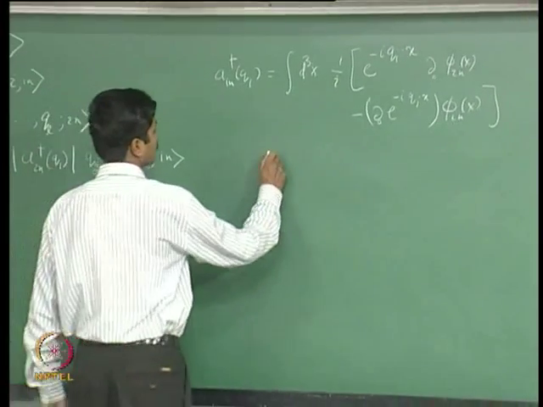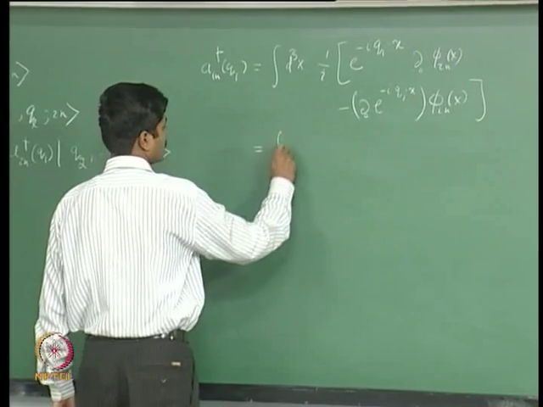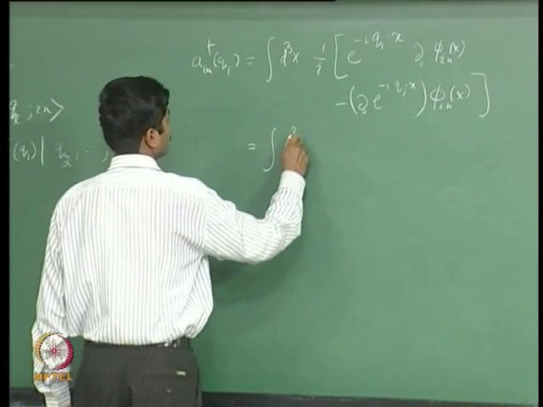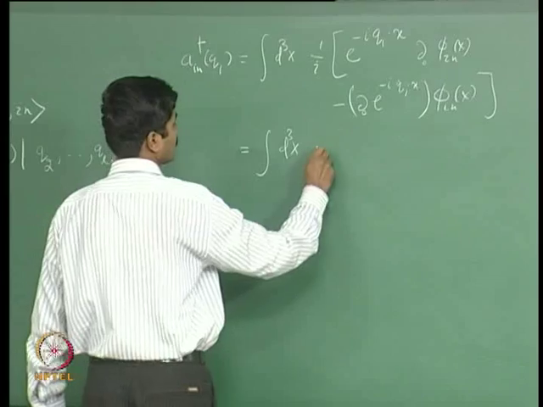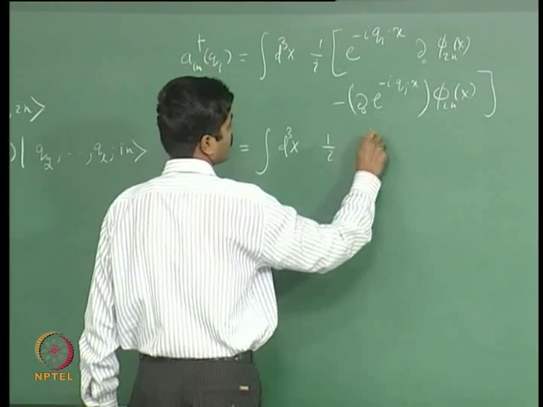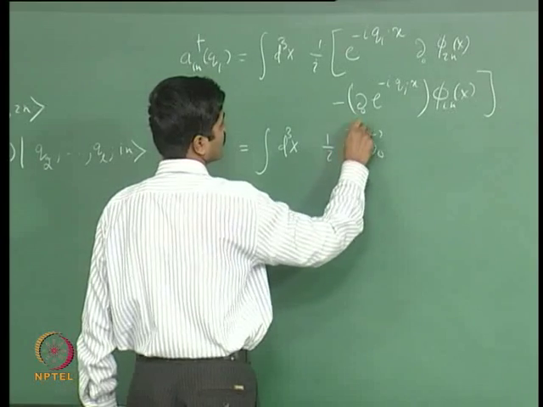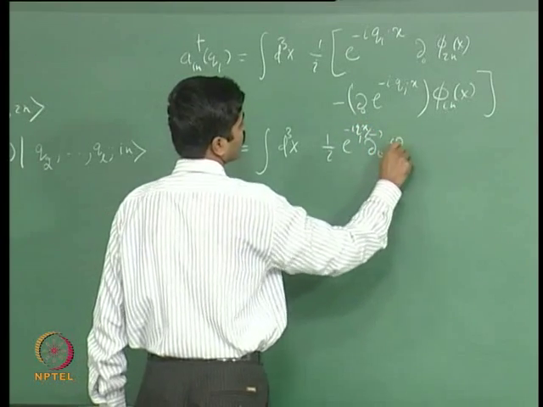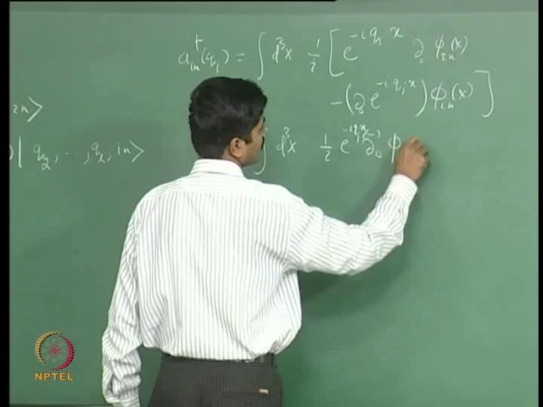Or we use the notation where this is 1 over i, with del 0 acting both ways, e to the power minus i q1 dot x phi_in of x.